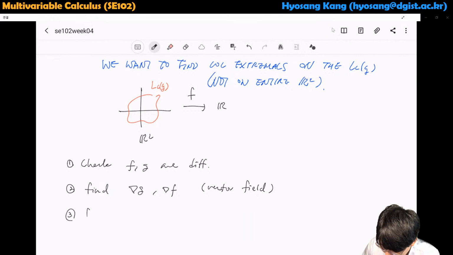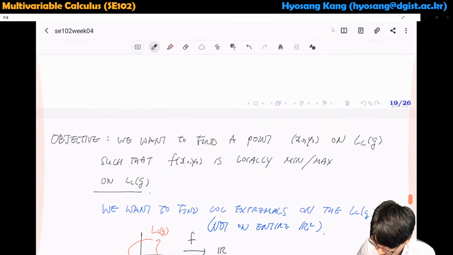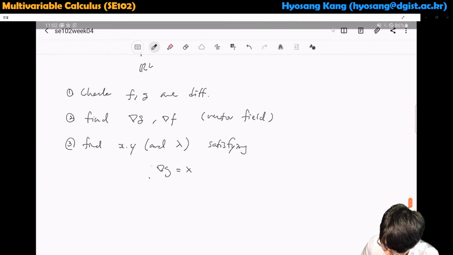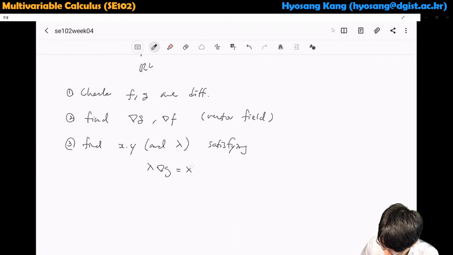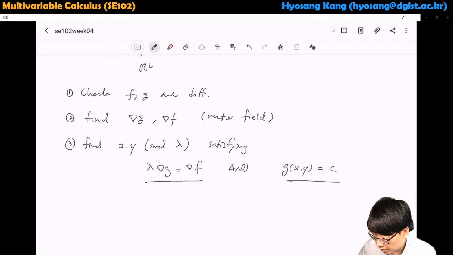Find x, y, and lambda satisfying this equation. Lambda comes in the g part. Sorry, it doesn't matter actually. I can put lambda on the f part, and this g(x, y) equals c. So we have two sets of equations to solve. One is the equation on the vectors, and the other is the equation on the value of g.